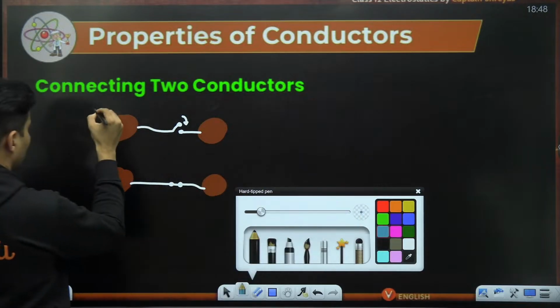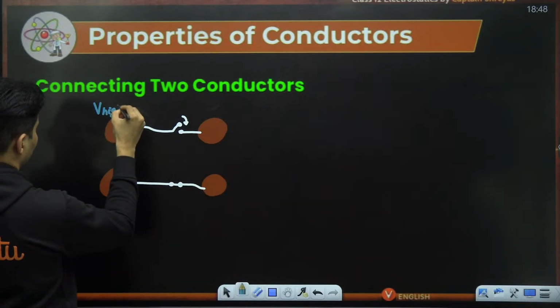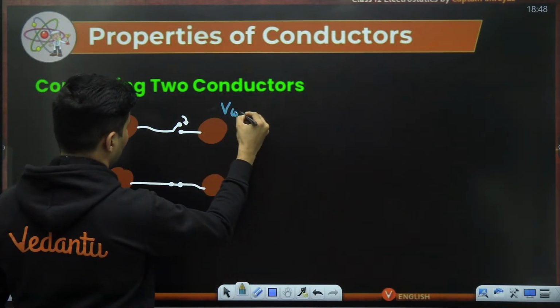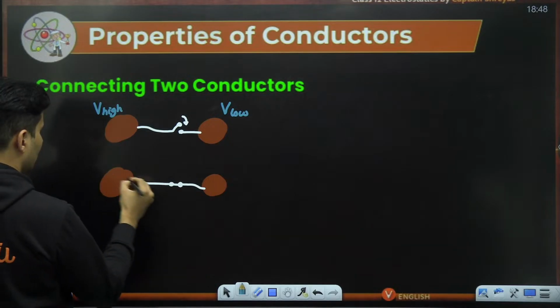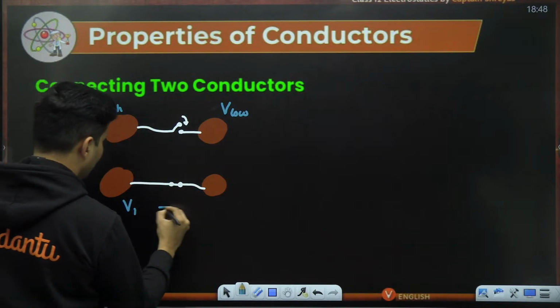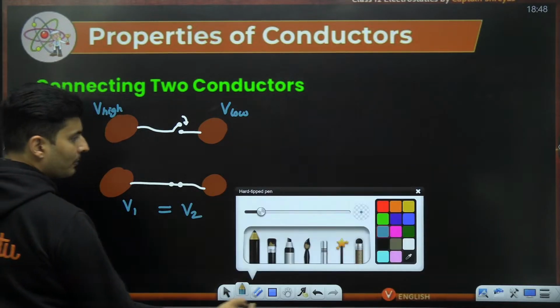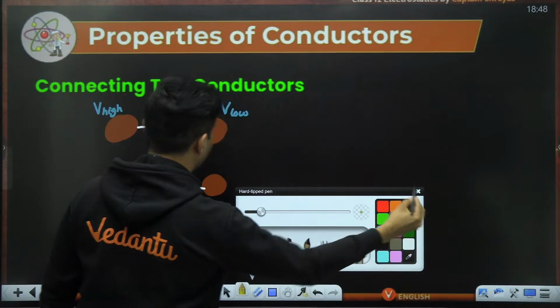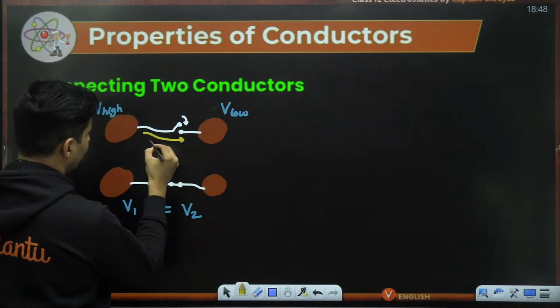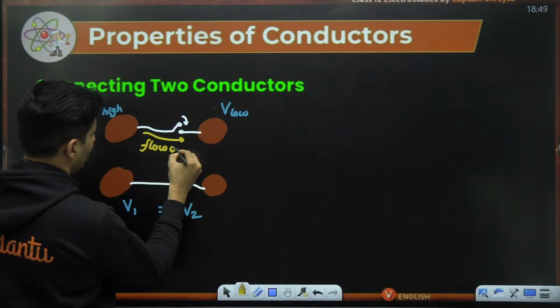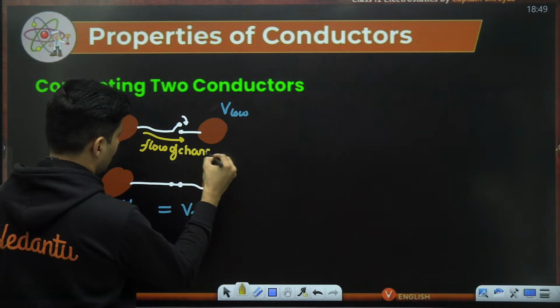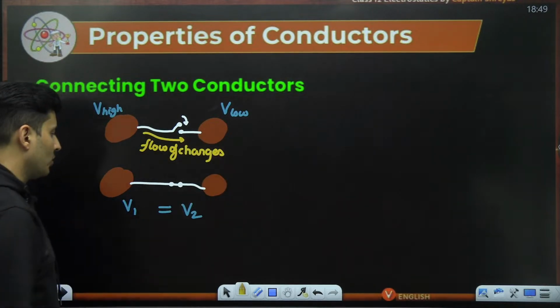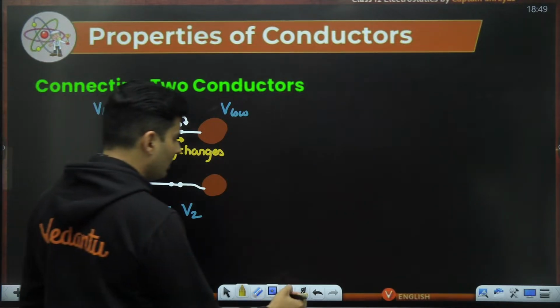This is high potential. This is low potential. And you will see finally V1 will be equal to V2. So you will see that there will be a flow of charges from high voltage to low voltage till equilibrium is achieved.